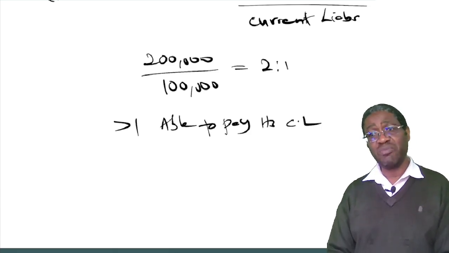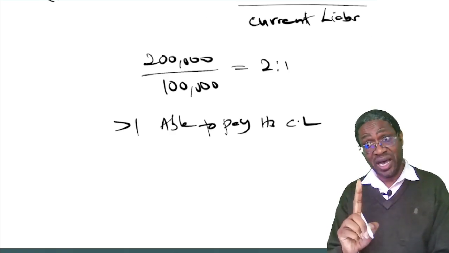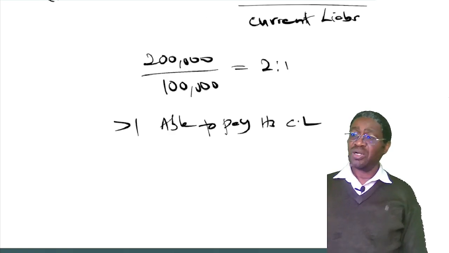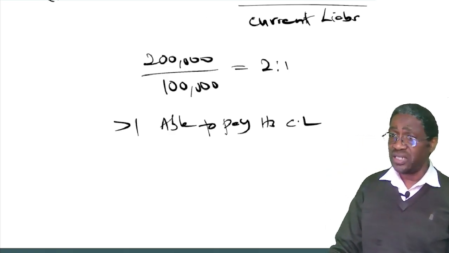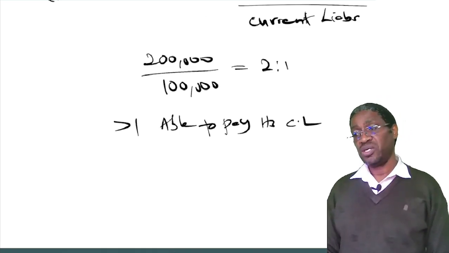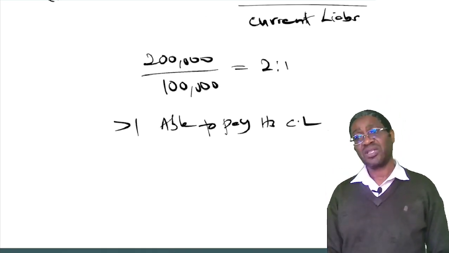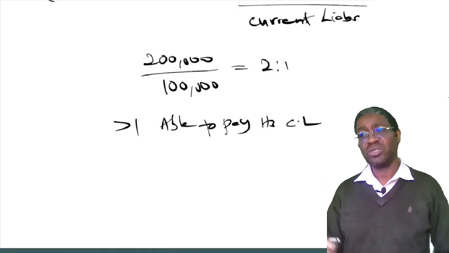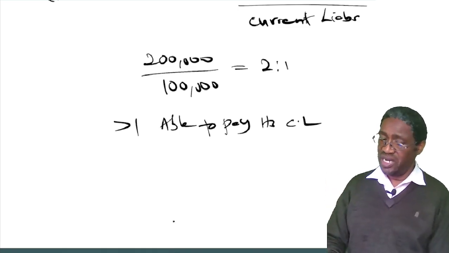For example, our current assets are 200, while current liabilities were 100. So our current assets are covering current liabilities twice. That's a ratio which is greater than 1. So in that case, we say the firm is able to pay its current liabilities.